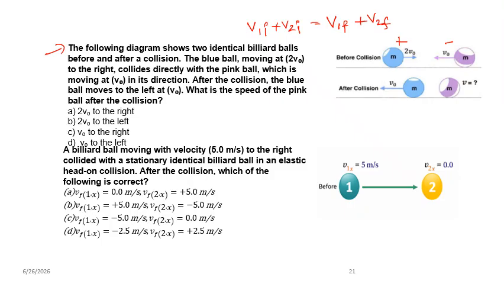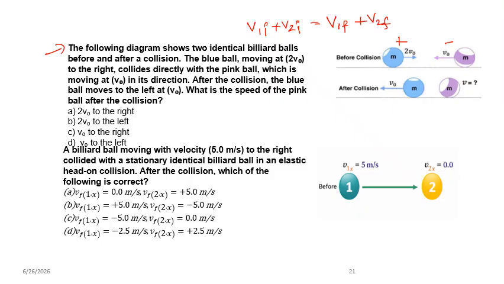Let me read the question completely. The blue ball moved at V0 in the positive direction, right side, and collides directly with the pink ball, which is moving at V in the opposite direction, the left side.